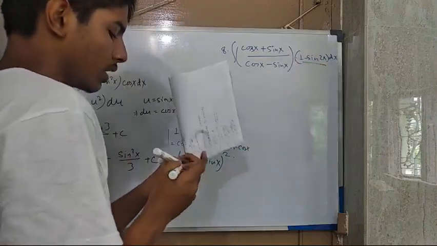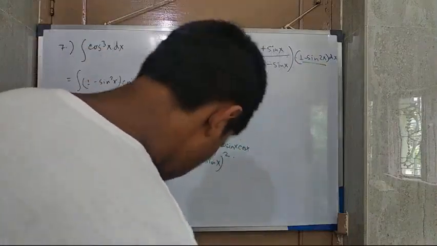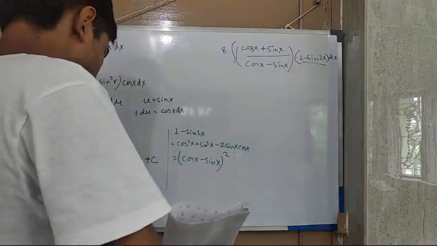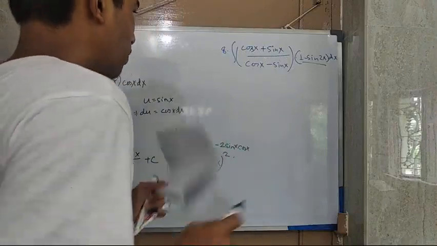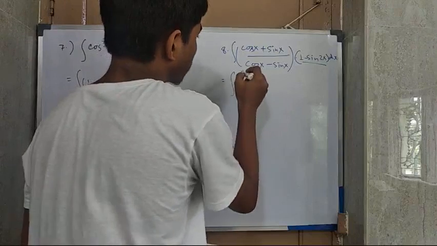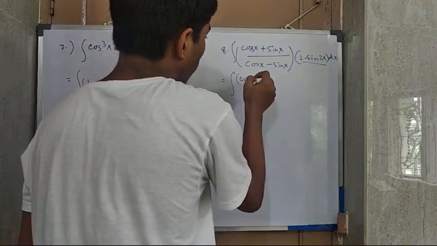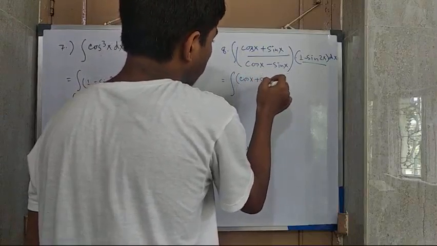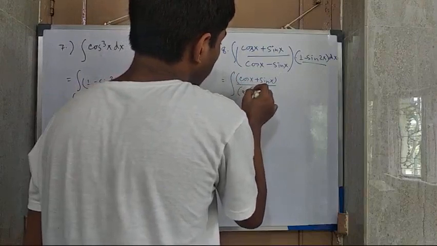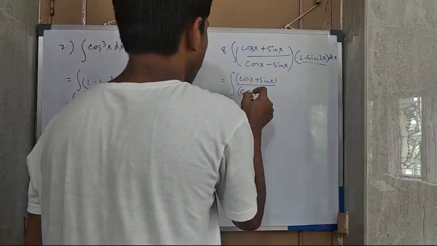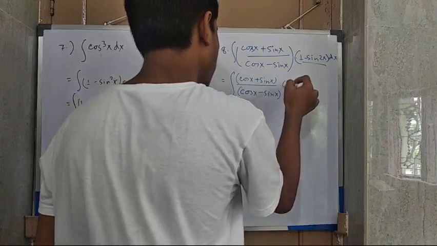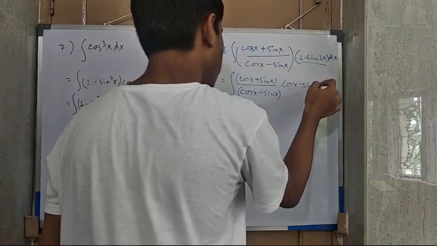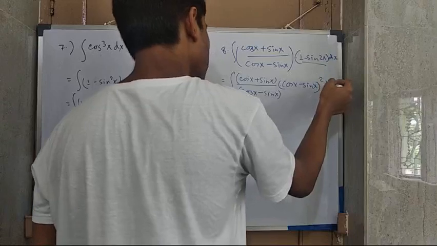So the integral becomes integral cos x plus sin x divided by cos x minus sin x times cos x minus sin x whole squared dx.